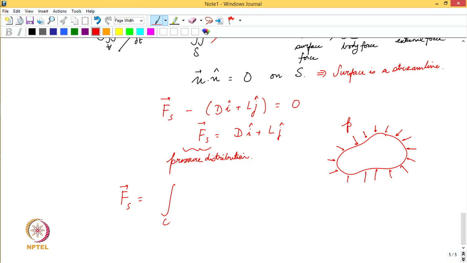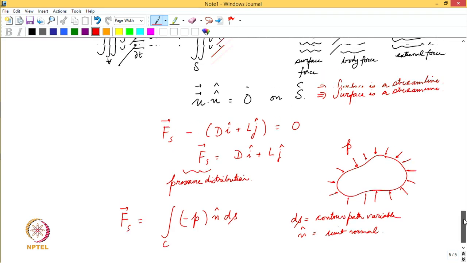So, we will have an integral over the contour C of minus P n cap ds, okay, where ds is the contour path variable and n cap is, of course, the unit normal at any given point, and we are writing it as minus P n cap, fully knowing that pressure is inwards. So, the pressure force is basically minus P n cap.